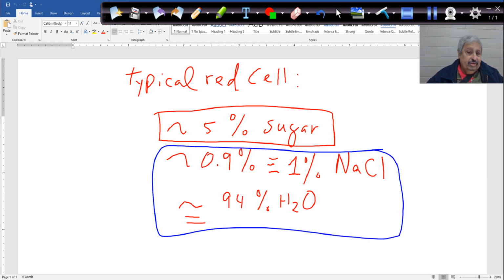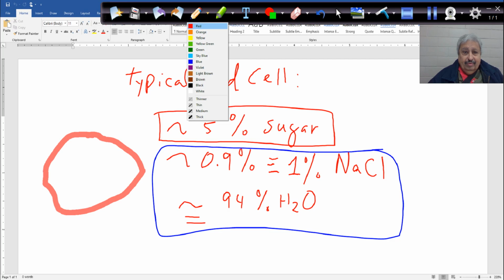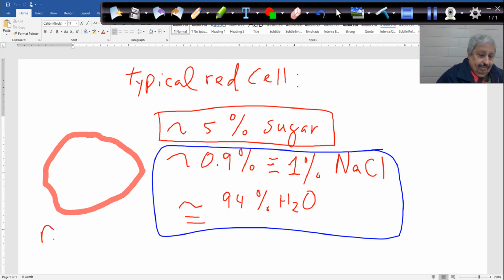Okay, so if this is the red cell here, let me make it red so you can see. The red cell has all those 3 components, and some other components as well, but those are the major ones.